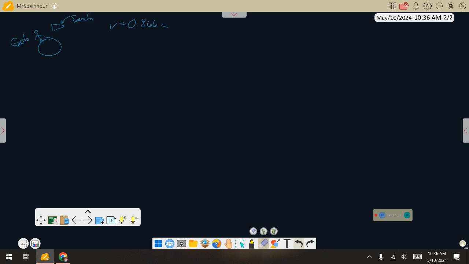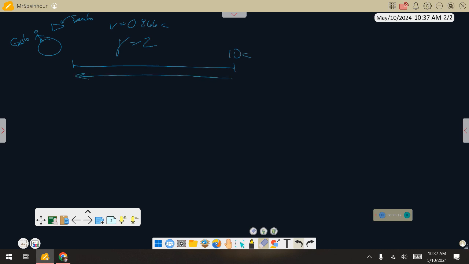Why? Because we just figured out a second ago that that velocity has a gamma of 2. Fair enough? So, now, Speedo travels out to a planet that is 10 light years away, and then travels back.